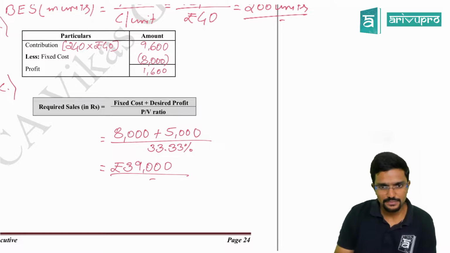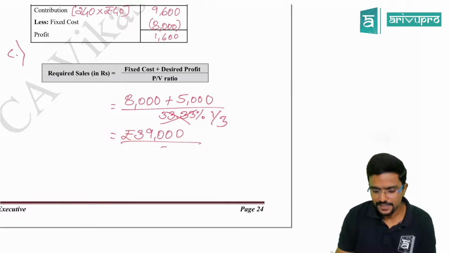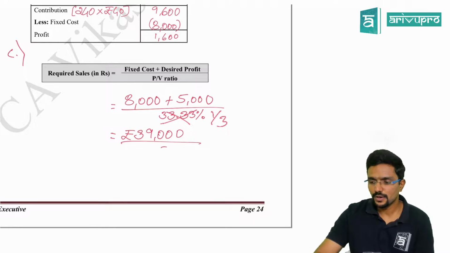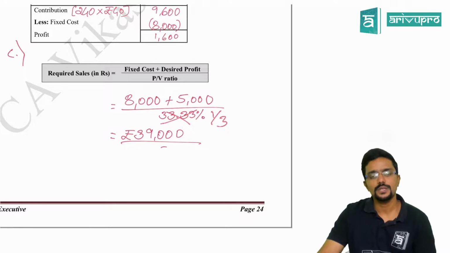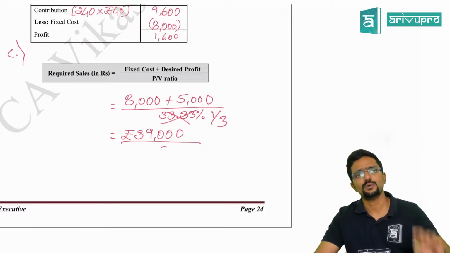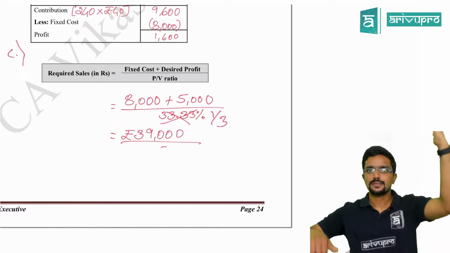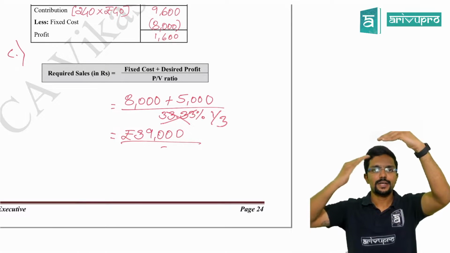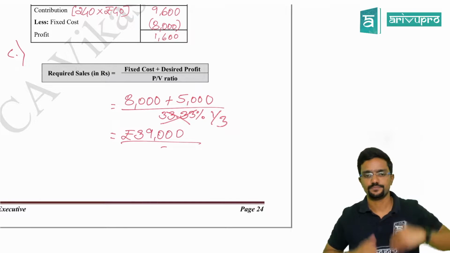I'm just showing it, guys. So 13,000 divided by 1 by 3, you will get the same 39,000. Exact answer you will get. So the calculation will be like this: 13,000 is the numerator, divided by 1 by 3, it will be into 3.